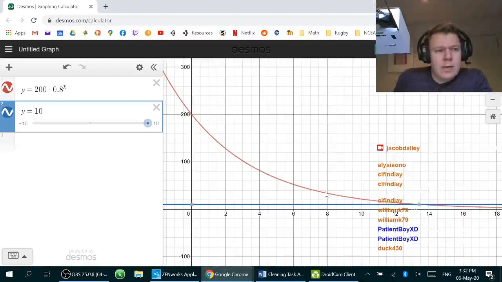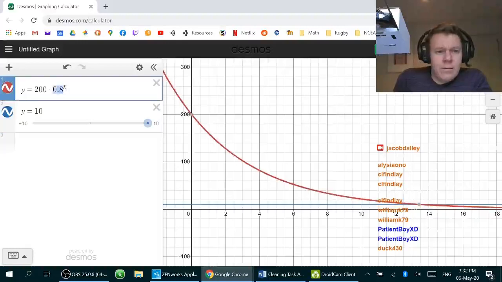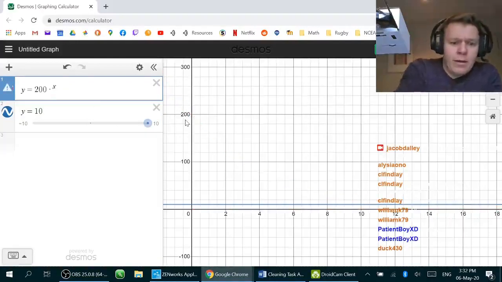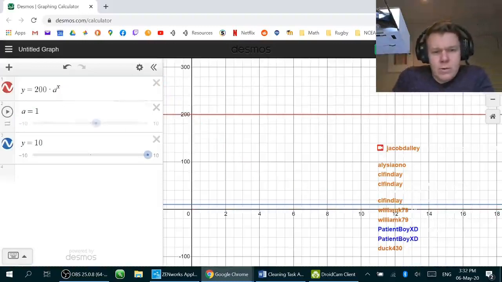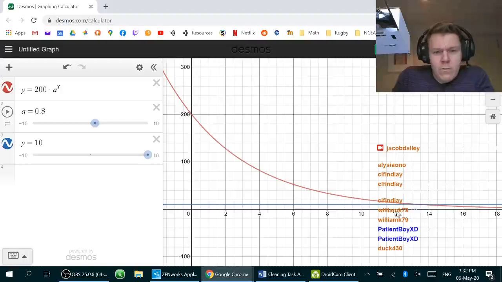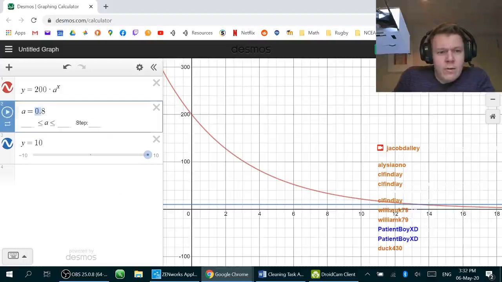Well, that is this number. So what we want to think of is this is A. We'll just put a slider on there. We used to have it at 0.8, but it's got to be a bit lower than that to go through 10. So let's try and calculate what it would need to be.